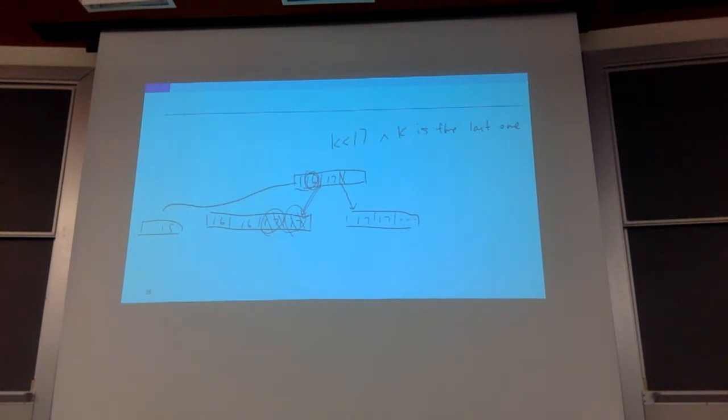But if you do not have duplicate keys, then once you find the 17 here, you know it's gonna be on the left, if your definition is that everything on the left is smaller than or equal to the key, and right is greater than the key, right? If you are trying to find k and you do find k in some index page, you know that one is actually on the left, or it does not exist.